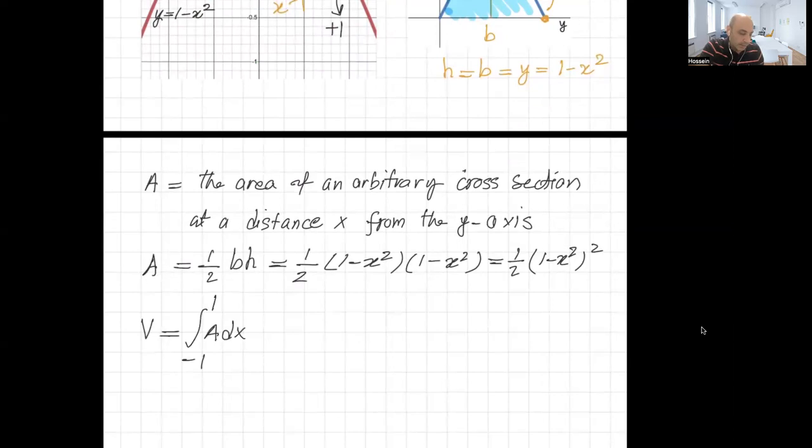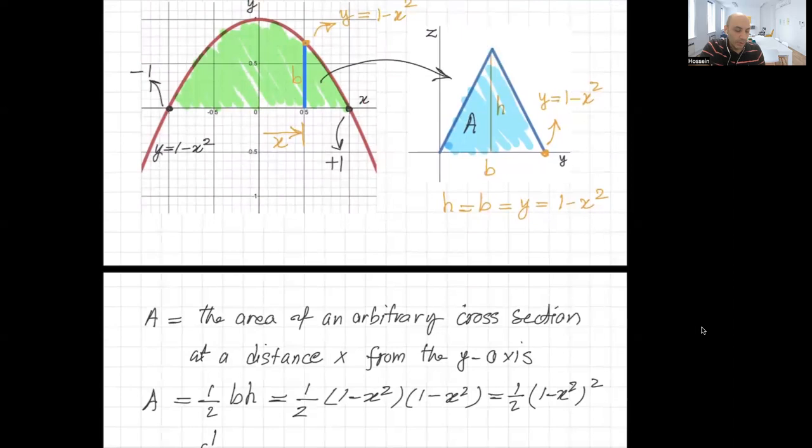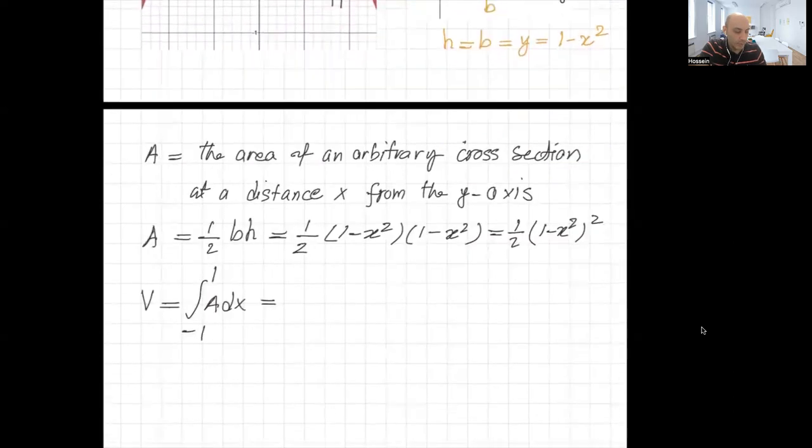And then because this is a symmetric shape, I'm going to do the integration only for 1/2 and then multiply it by 2. So this is equal to 2 times the integral from 0 to 1, a times dx.